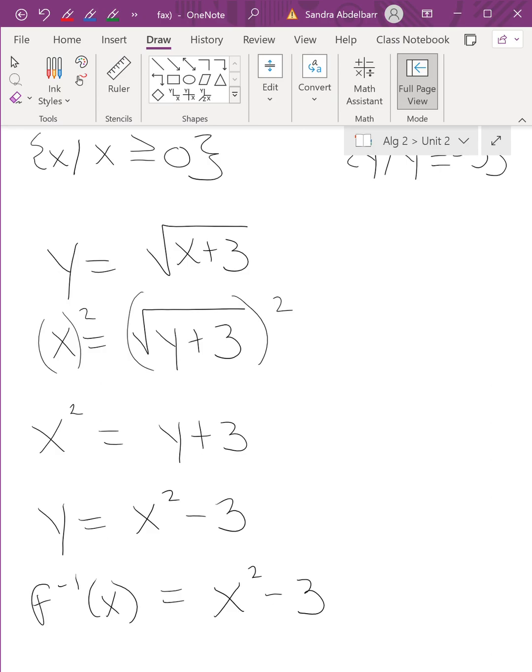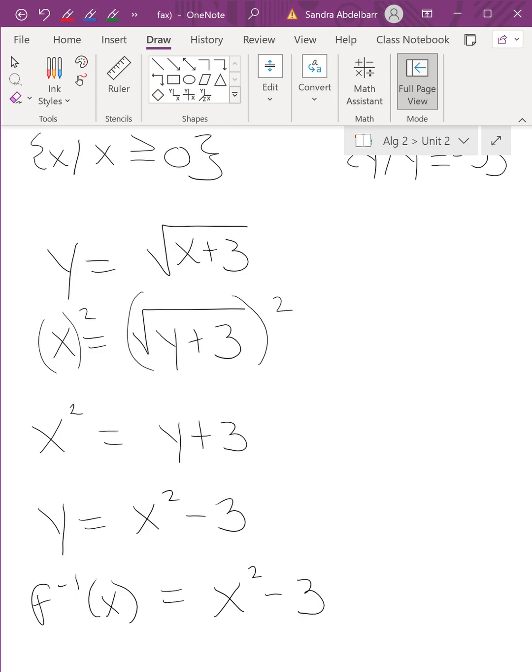What is x squared minus 3? Not to the right. No, not to the left. Down. All right, x squared minus 3 is a parabola that has been shifted 3 units down. But this doesn't make any sense. How can the inverse of a shooting star be a parabola?